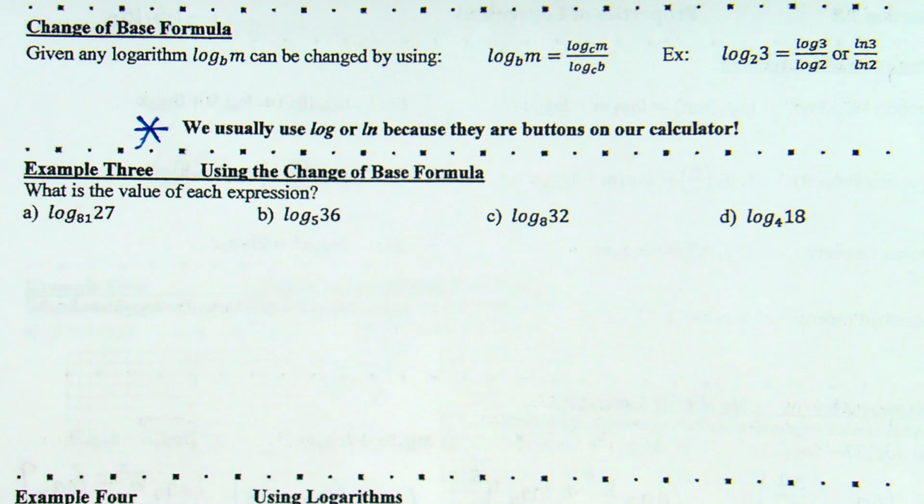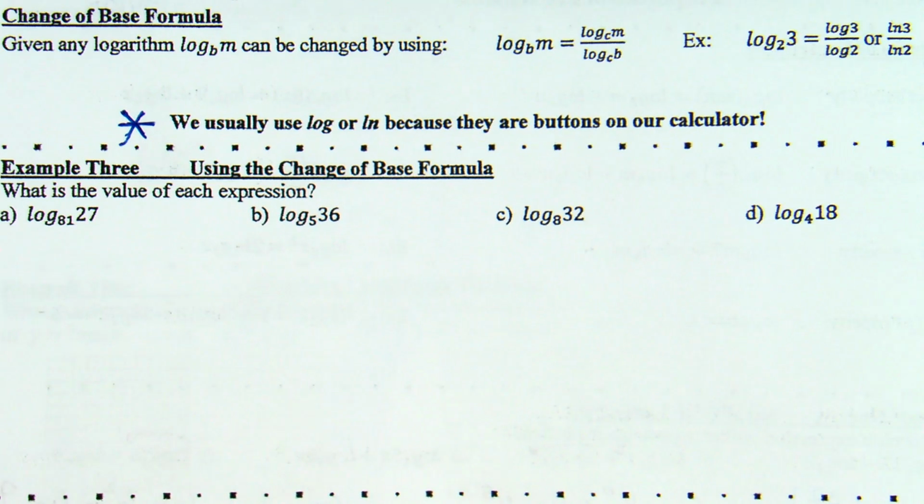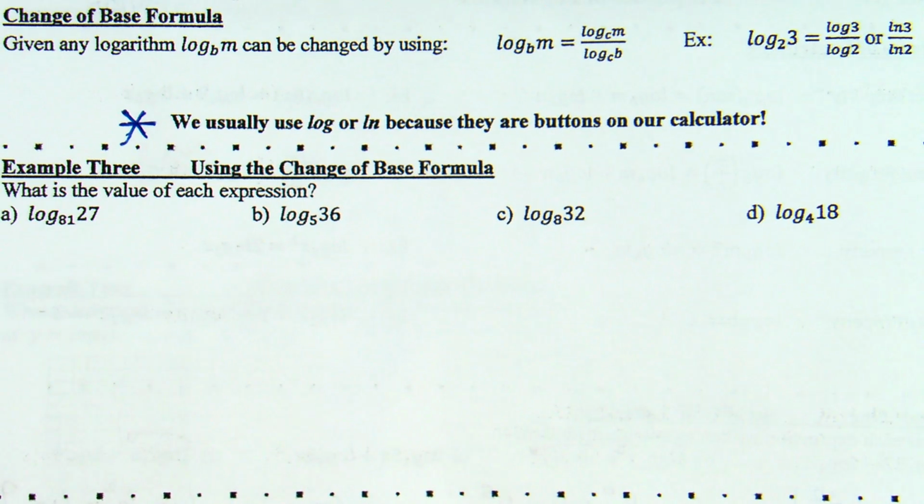Some of them, I'll be honest, I'm going to show you how you can do this without a calculator. So let's go through these. What is the value of each expression? Okay, so I want to know what is log base 81 of 27. Now, my calculator is not going to do log base 81. How can I rewrite this with the change of base formula?